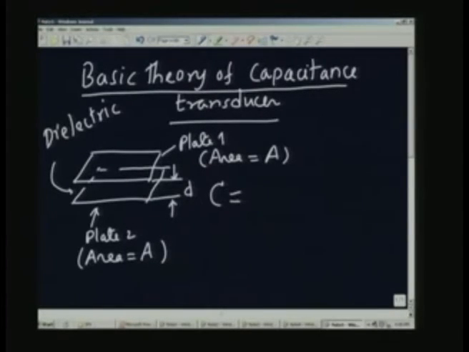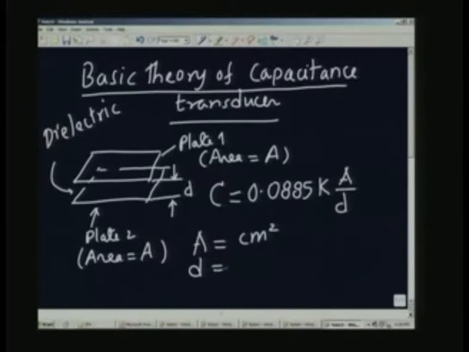We will say capacitance C is given by 0.0885 K times area by distance, where area A is in centimeter squared, t is in centimeters, and C will be in 10 to the power of minus 12 farad or in picofarad.